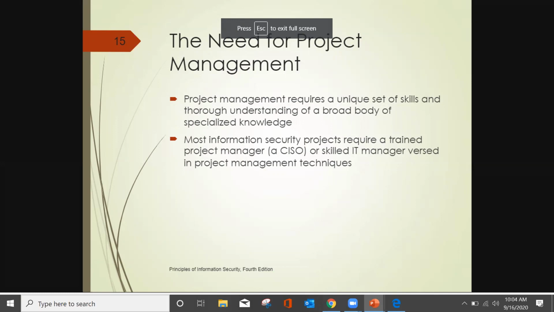A network architect or network administrator is a key person. You need to have broad knowledge or specialized knowledge of the entire project. And most projects require a CISO, Certified Information Security Professional, or Certified Information Security Officer, CISP or CISO.